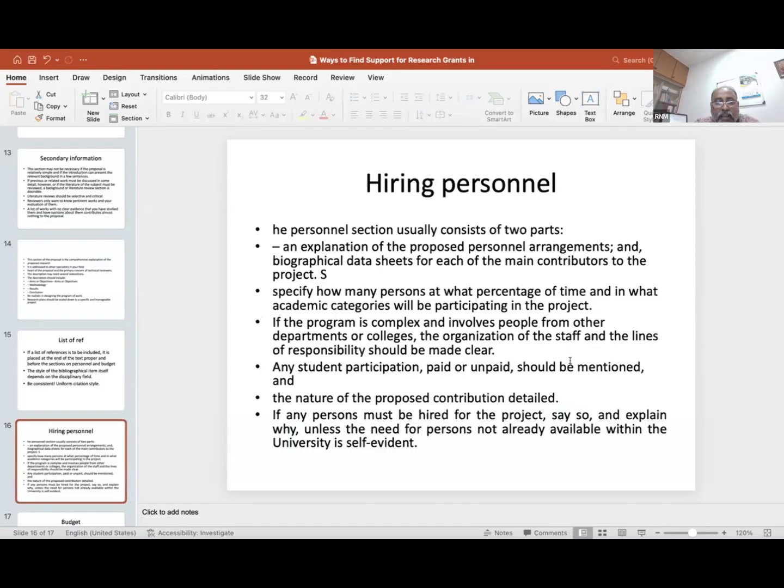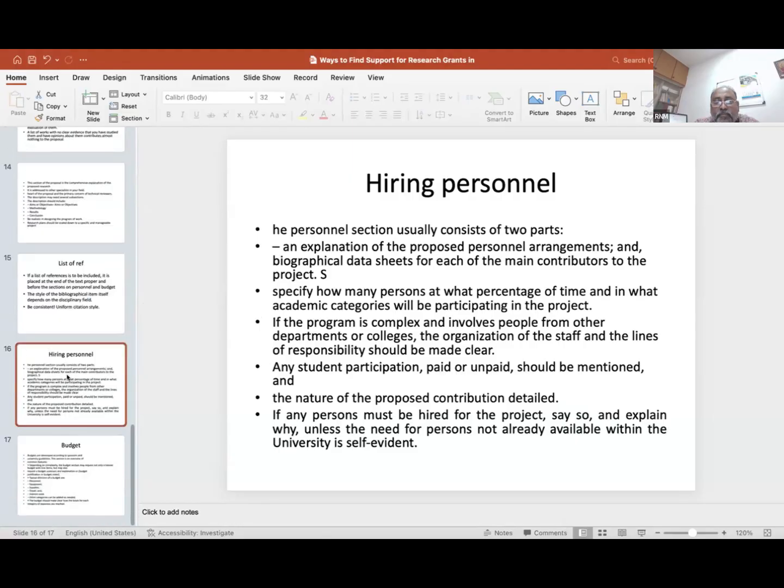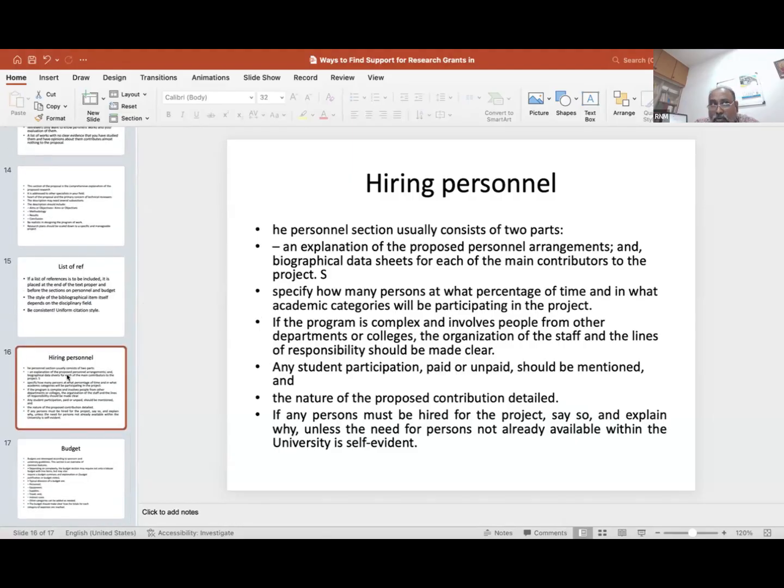So then, the hiring of personnel. Sometimes, to impress the reviewer, people write many big names without specifying their roles: how they have helped in conceptualization, how they are going to contribute in the process of research, how they are going to be helpful in the deliberations. They put big names thinking it may work.